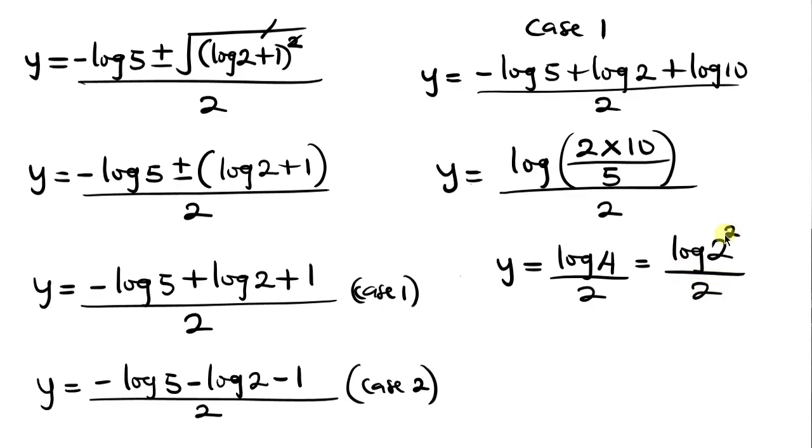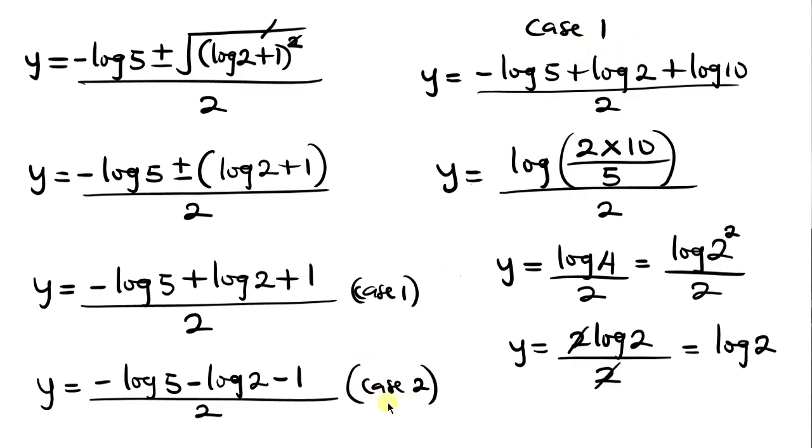And easily, applying the law of logarithm, I can take this 2 behind the log 2, so that I have y to be equal to 2 log 2. That's taking this 2 behind the log 2, which is what I did, according to the law of logarithm, all over 2. So we see that 2 can cancel off 2. So the value of y is equal to log 2 for the first case.